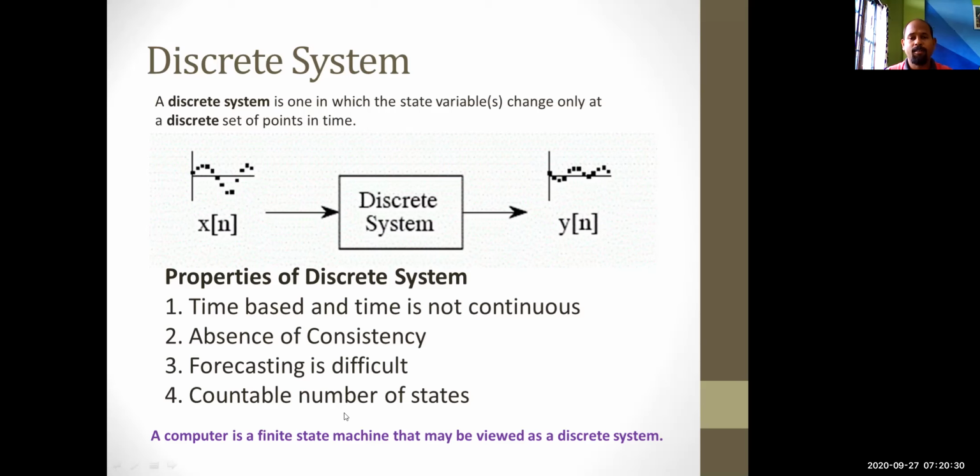And countable number of states. A discrete system changes from one state to another, but there is a finite number of states. A computer is a finite state machine that may be viewed as a discrete system. So a computer system is nothing but a discrete system.